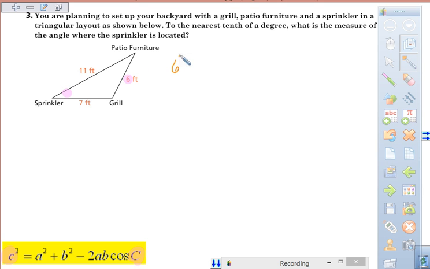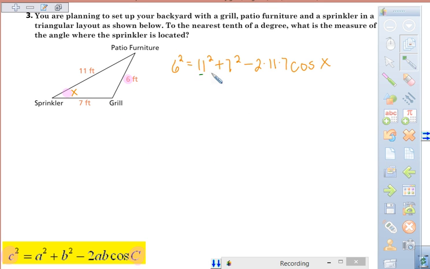So 6 squared equals 11 squared plus 7 squared minus 2 times 11 times 7 times the cosine, and this is what we don't know, is the angle, so I'm going to call that x.